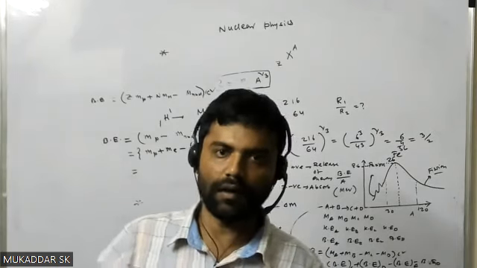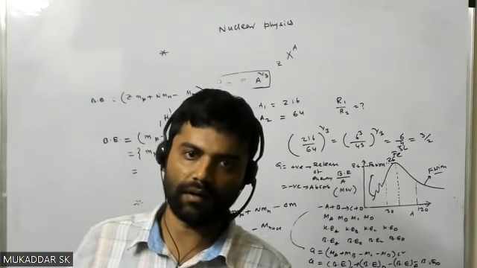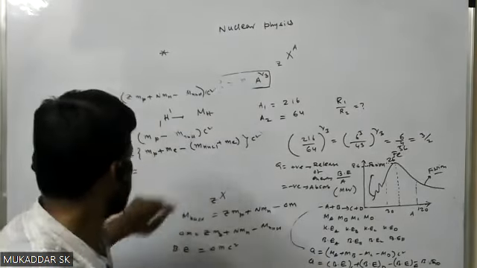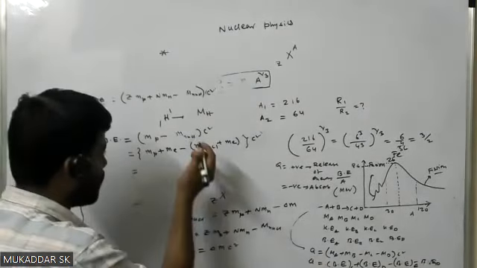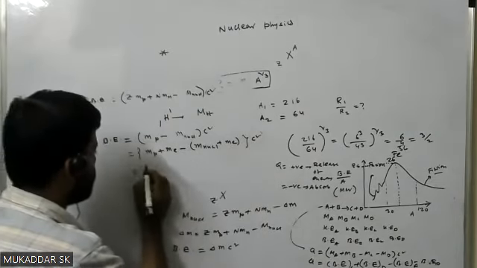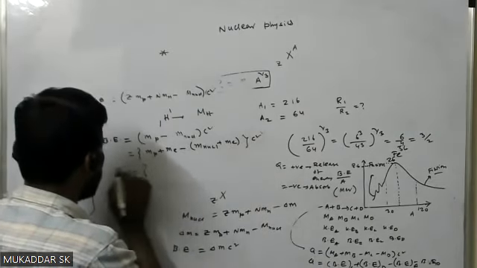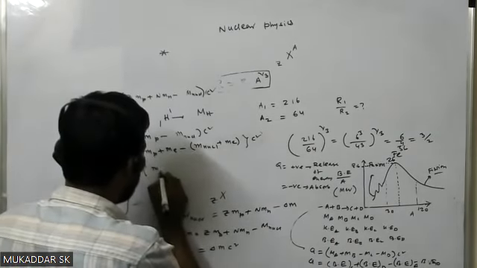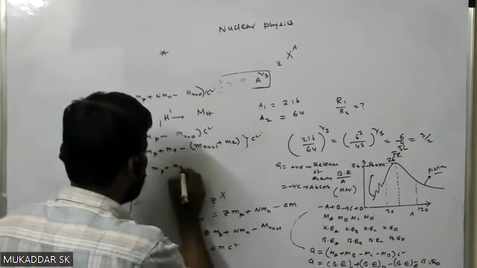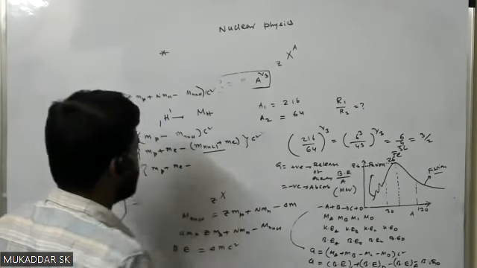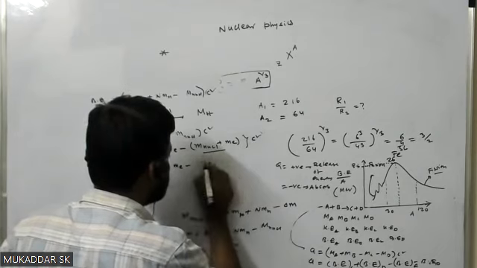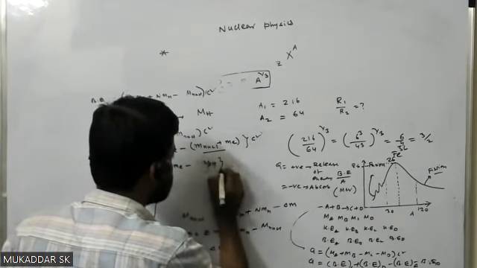For the hydrogen atom case, this is nothing but the mass of the hydrogen atom. So for the hydrogen atom, I can write the binding energy as mp plus me minus this, and this is nothing but mh, or capital M, whatever they have given.